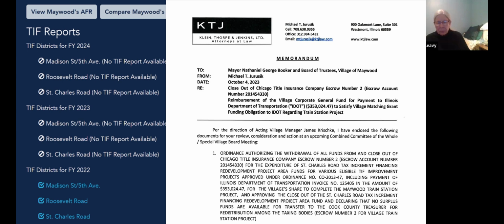And it was a part of a development project. Everyone loves the new Metra train station that was developed. Well, that was a part of a regional transit authority project, and the Village of Maywood had to come up with its part of matching funds and actually had to close down and drain the money out of the St. Charles TIF and then take $323,000 out of the Village of Maywood general fund in order to see that project materialize.